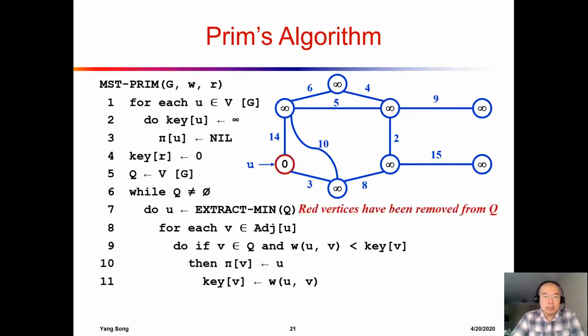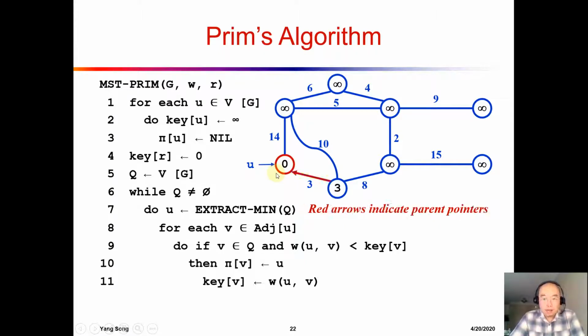Next, we will change the color to red, saying we want this to be removed. When we do the extract min later, we don't want to consider the red nodes, so the red vertices have been removed from the queue. For now this red node won't be considered as part of the queue anymore.